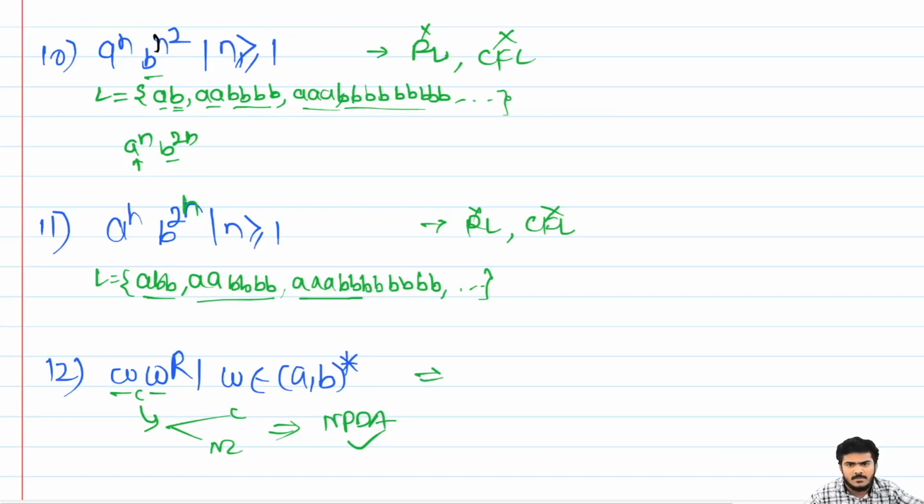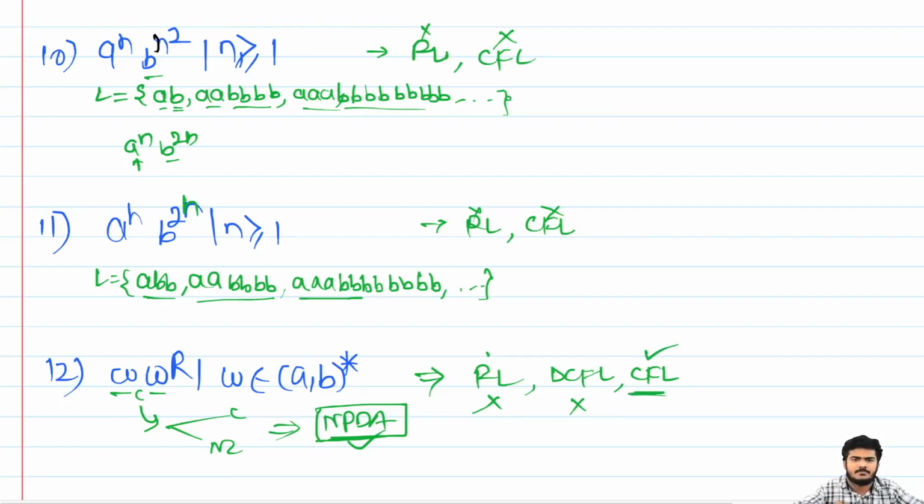So this is not a regular language, because we cannot solve it by using finite automata, and this is not a DCFL. When a language is not DCFL, it can still be CFL. By using NPDA, we can accept such a language, so this is a CFL language.